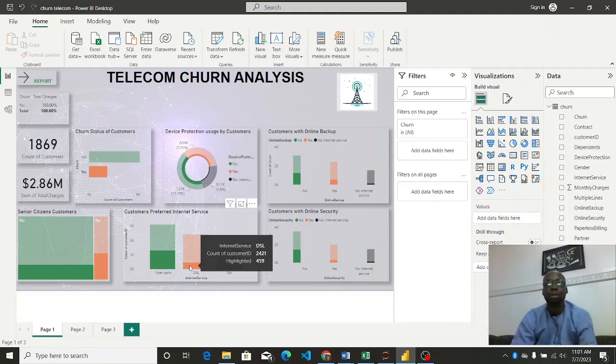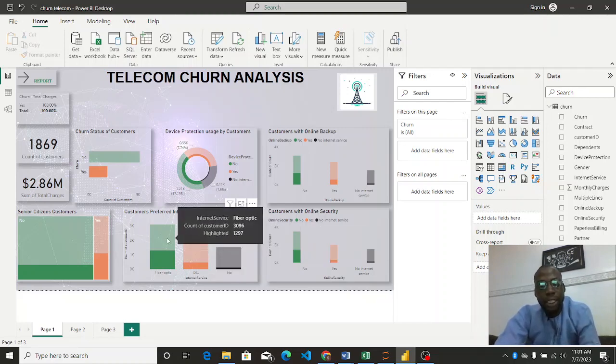But the youth these days make use of streaming services, TikTok, so many social media, playing online video games, Call of Duty online, so many things the youth engage in these days that make use of the internet. So this makes them want to opt for fiber optic.